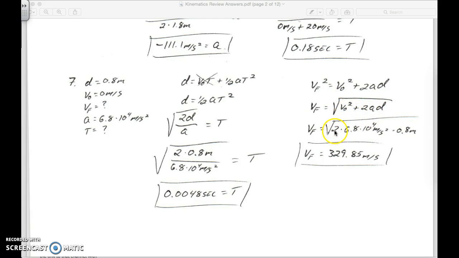Plugging in my numbers, V naught was 0, so that's why this term goes away. I'm left with just 2 times 6.8 times 10 to the 4th meters per second squared times 0.8 meters. Plugging that into your calculator, you get a final speed of 329.85 meters per second.